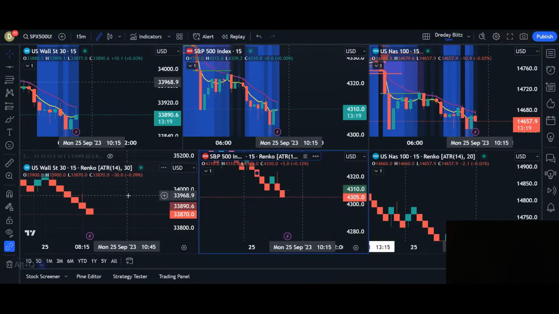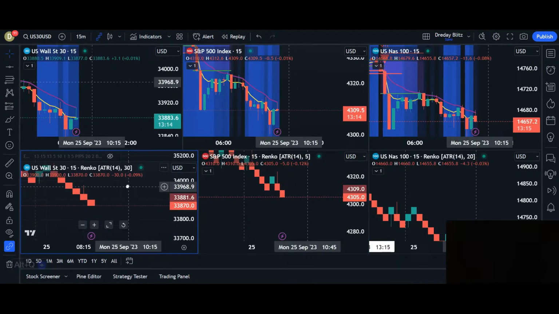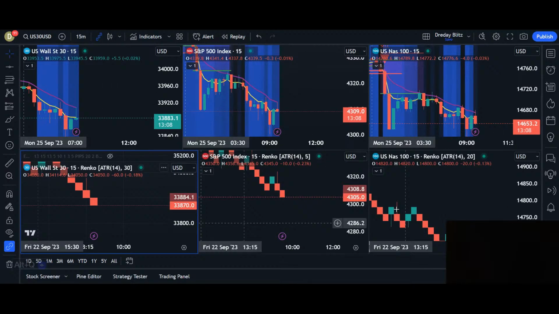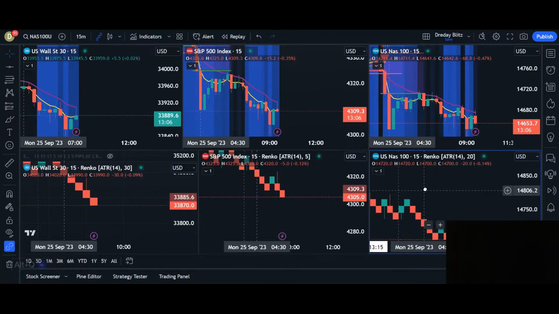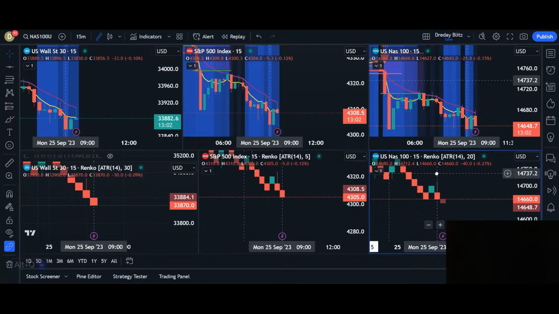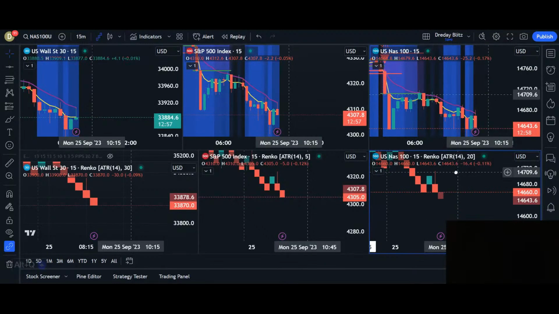in the market. Okay, so if you don't see that Renko completed, you keep your trade open. Okay. Same thing here.